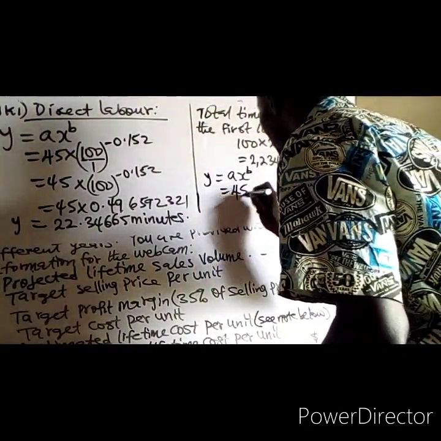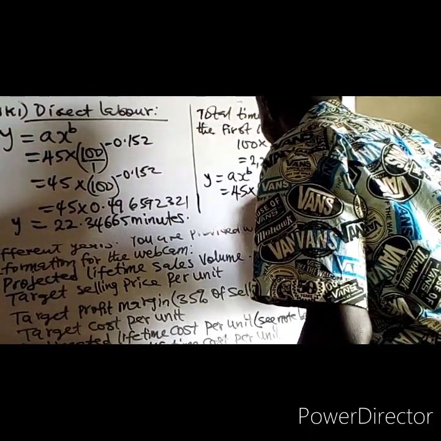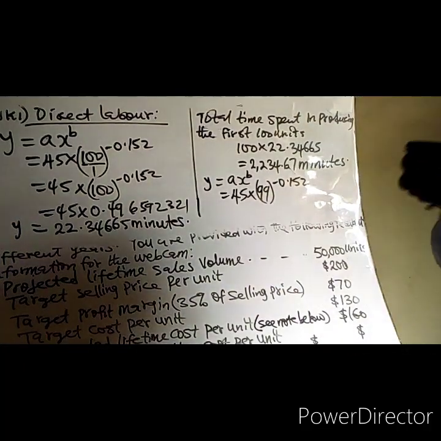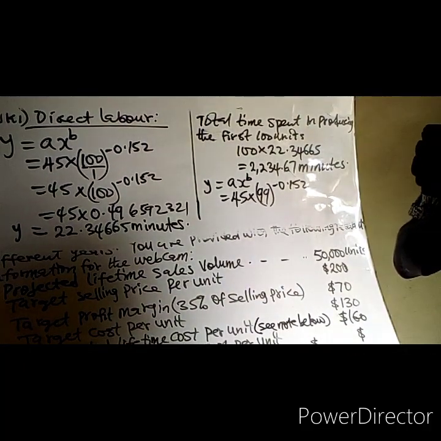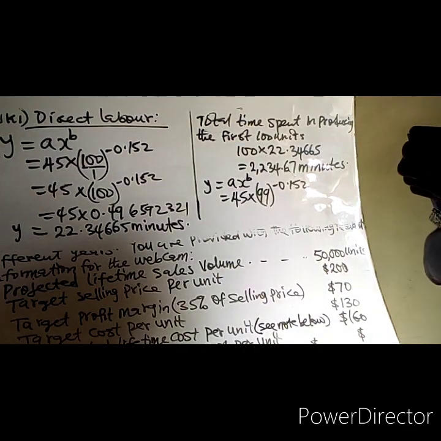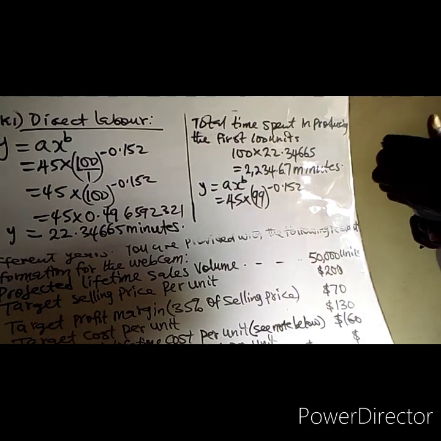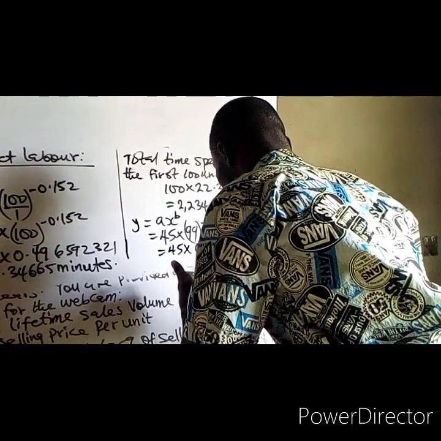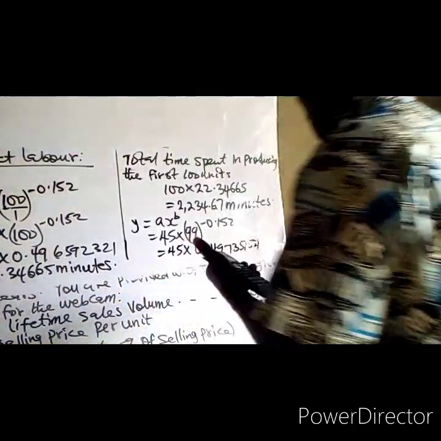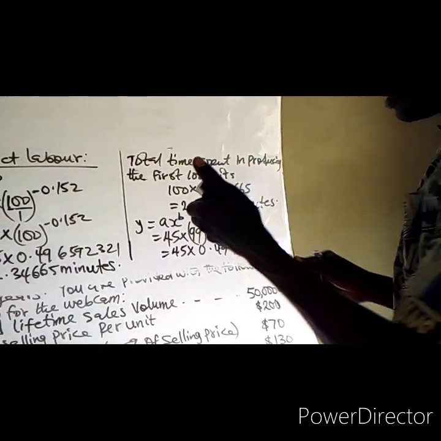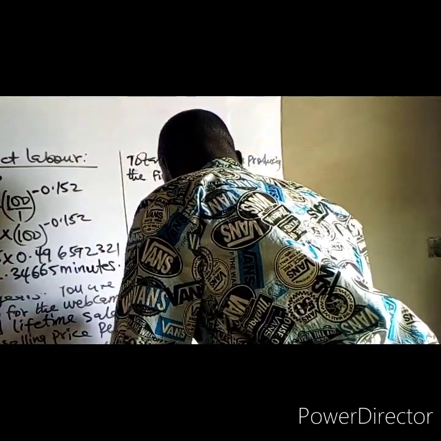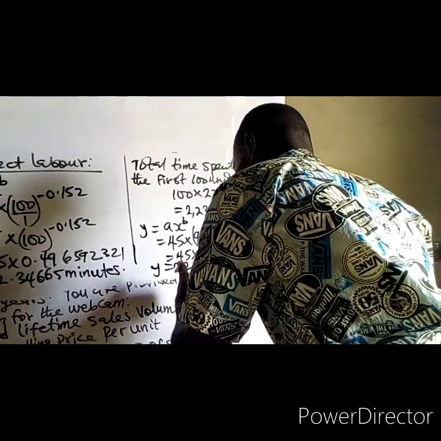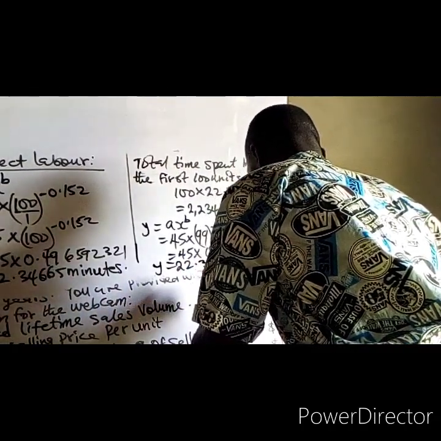Your a is still 45, while your x will now become 99 raised to power b, which is minus 0.152. 99 raised to power minus 0.152 gives us 0.49735151. Multiply by 45, and that will give us y equal to 22.38081844 minutes.